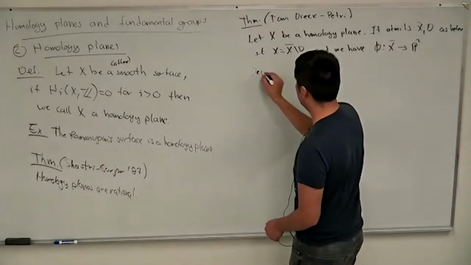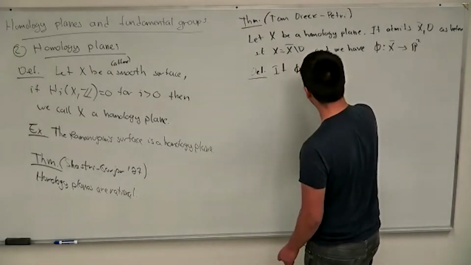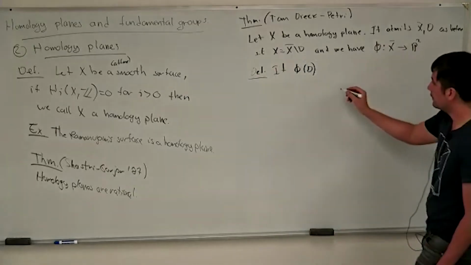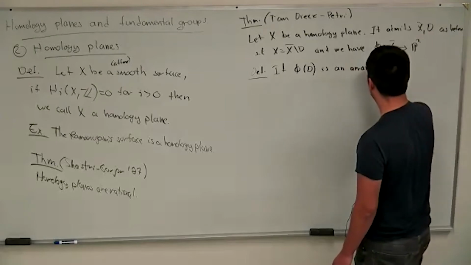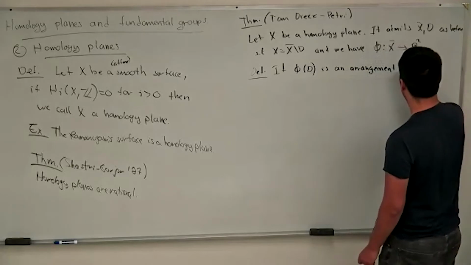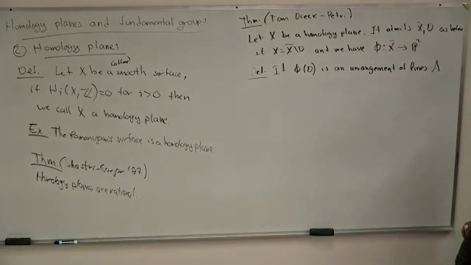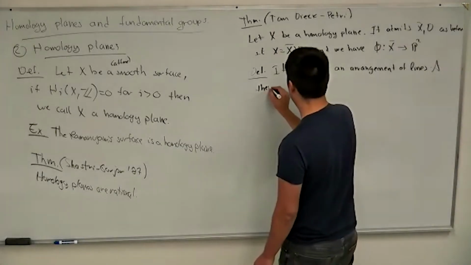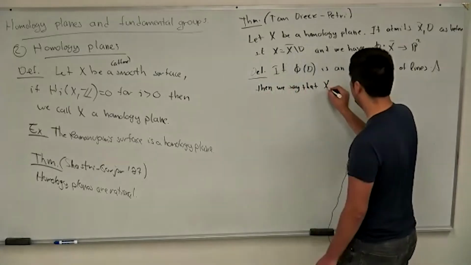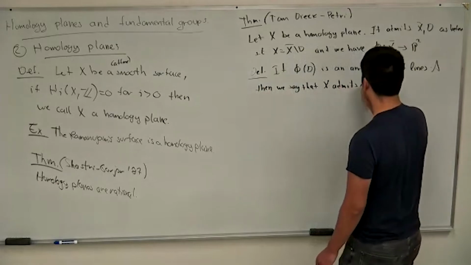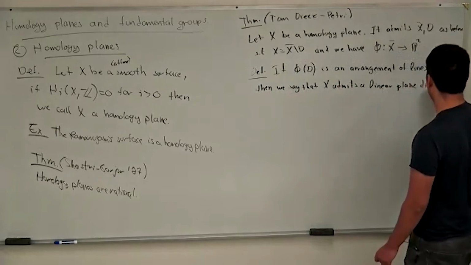And let me write a definition. If the image of this divisor D is an arrangement of lines, let me call it A, then we say that X admits a linear plane divisor.